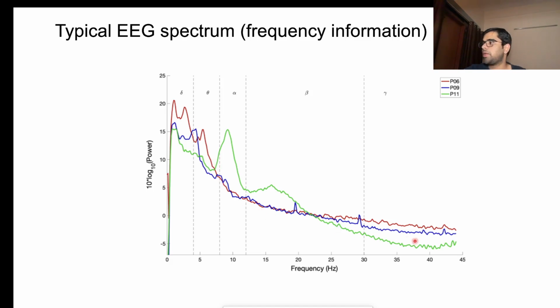So this is how a typical one looks, and you might wonder why it is going down as the frequency increases. There is a noise called pink noise, which is nothing but as the frequency increases, the amplitude or the power of that particular frequency drops.